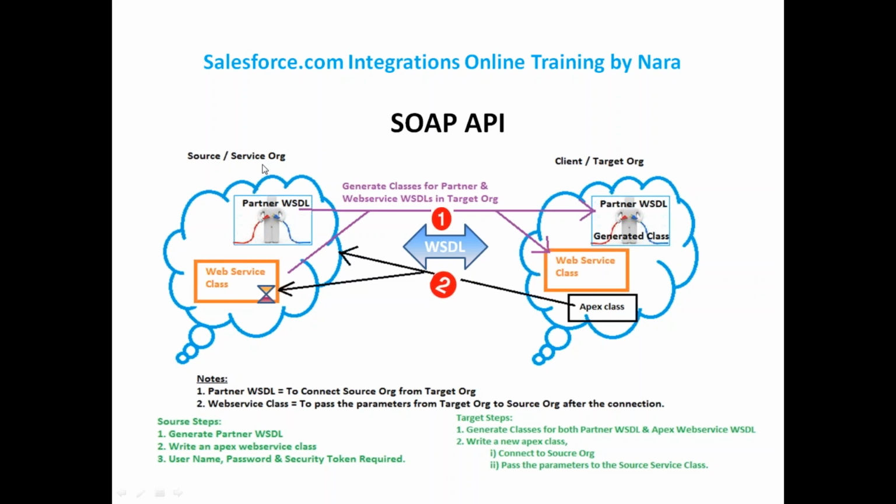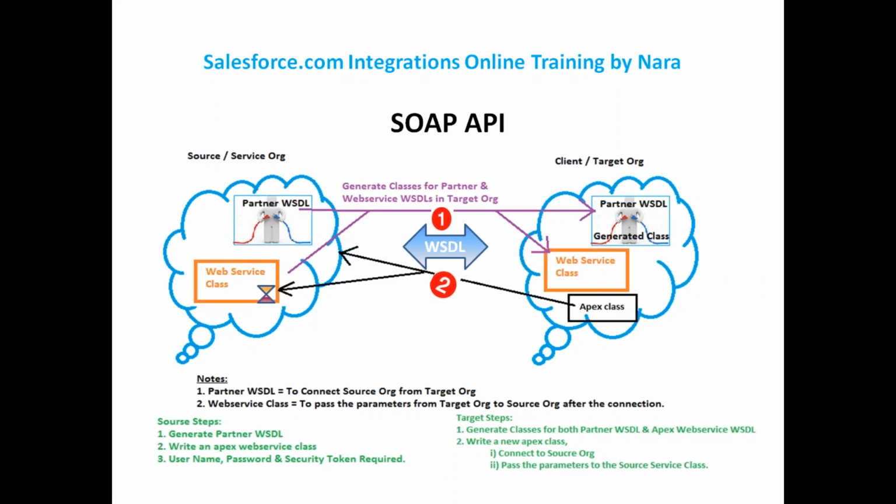In addition to that, you need authentication parameters like user, password and security token. Once you are done with the source steps, you have to generate the classes for the partner WSDL and web service WSDL in the target. Here is the class for the partner WSDL, and here is the class for the web service WSDL. That is the first step: you have to generate the classes in the target org.